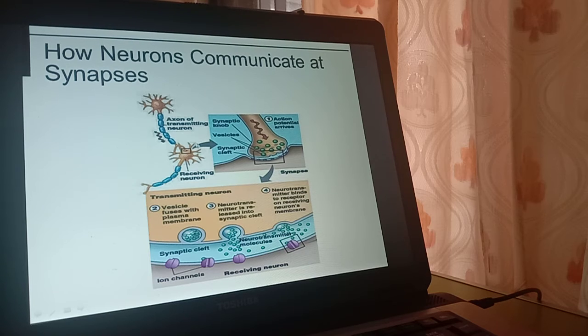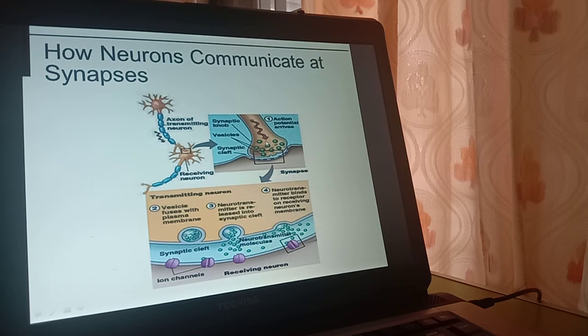So this junction is what is called the synapse. I have highlighted this. This portion is the synaptic knob, and within the synaptic knob you have certain vesicles called synaptic vesicles, and at the end of this there is a cleft which we call the synaptic cleft.